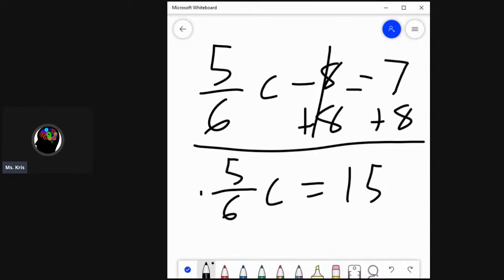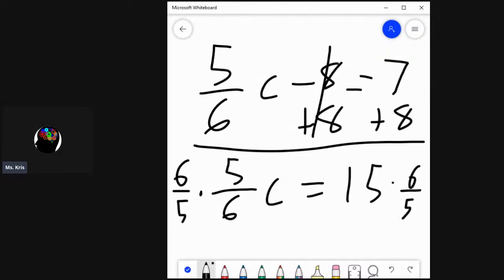All that means is that if you have 5 over 6, I'm multiplying by 6 over 5, on both sides, because what you do on one side, you must still do on the other.